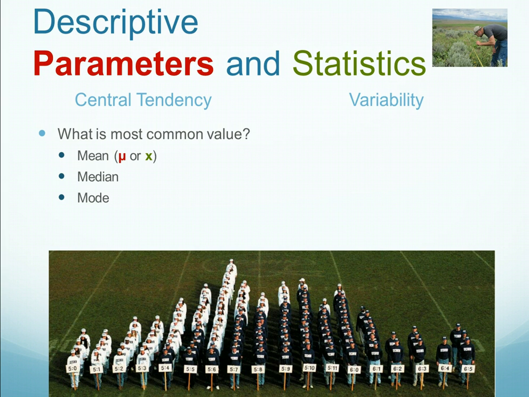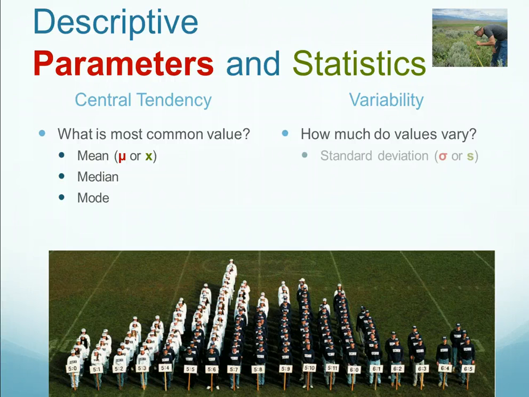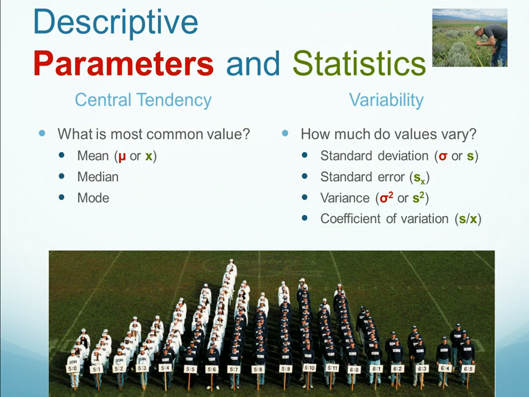So the mean, or the average value of all observations, the median, which is the value of the central observation if all of the observations are ranked, and then the mode, which is the value of that observation that occurs most frequently. We're also interested in variability. So how much do these values vary? We use the standard deviation, standard error, variance, and coefficient of variation to describe variability.